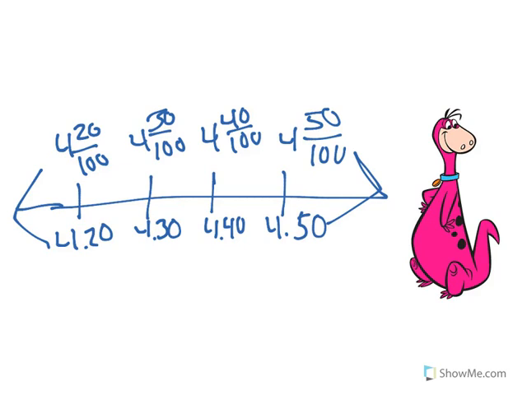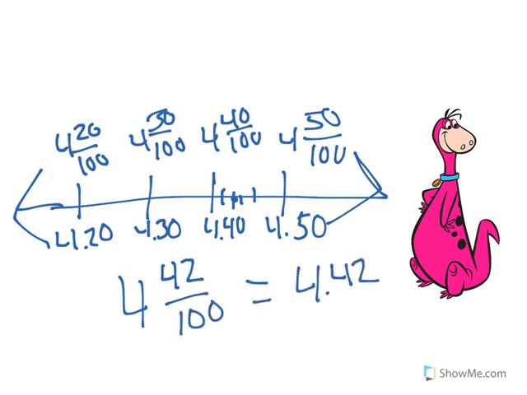If I had a dot, like there's little lines here, 10 lines, and I'm on the second line, what would my fraction be? Well, I know it's 4, and I know it's 42 because it's my second line over 100. So what would that look like as a decimal? 4.42.